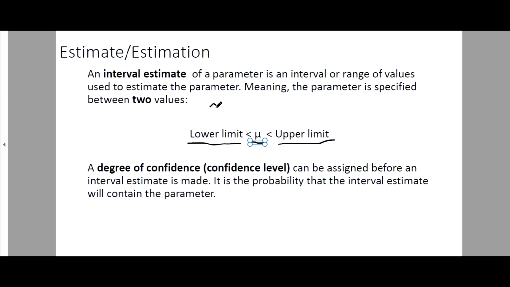So say for example, we have 2 less than the mean less than 5, meaning the mean is between 2 and 5. Now, a degree of confidence or confidence level can be assigned before an interval estimate is made. It is the probability that the interval estimate will contain the parameter.